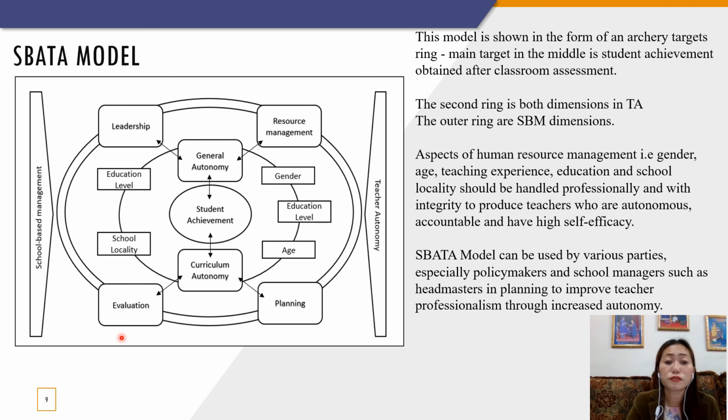The dimensions of school-based management are the key elements that influence the internal factors of the school, especially teacher autonomy. Aspects of human resource management, for example, gender, age, teaching experience, education level, and school locality, should be handled professionally and with integrity to produce teachers who are autonomous, accountable, and have high self-efficacy.